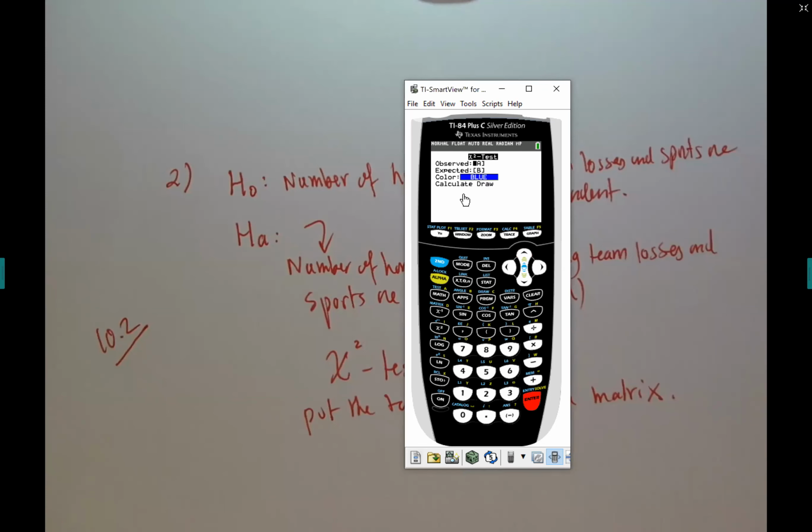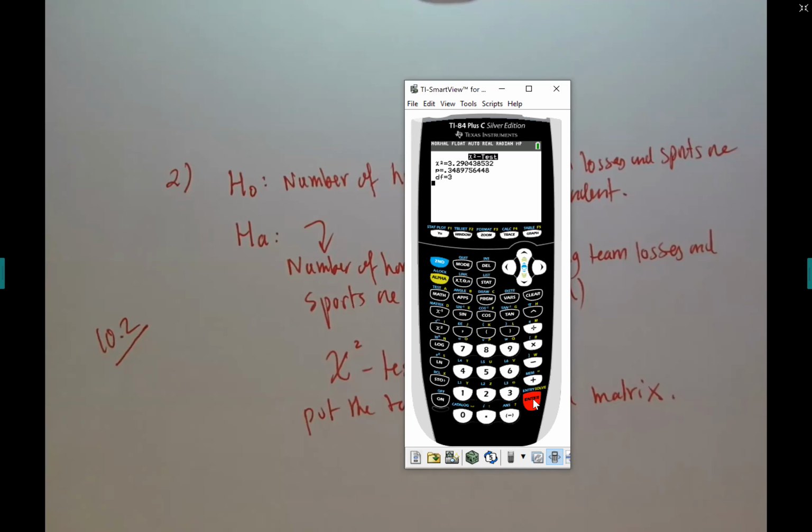The observed values are what's given to you in the table, guys. The expected values, the calculator is going to find them for you, so you don't need to find them. All we need is just to hit calculate. There you go, guys. I got the test statistic and I got the p-value.